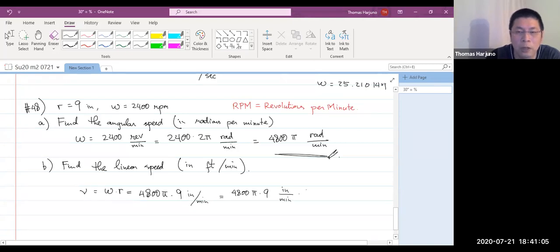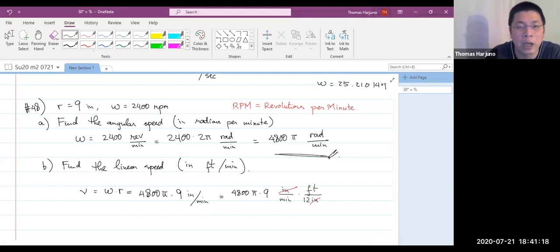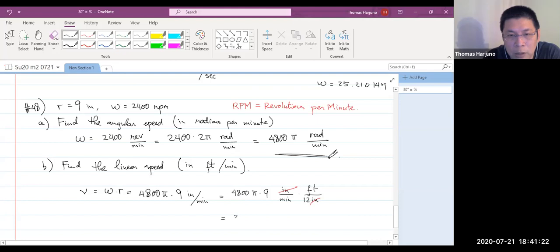Now we convert that to feet by dividing by 12 inches, because 1 foot is 12 inches. That way the inches cancel. So we get 48 divided by 12, that's 4, so 3,600 pi feet per minute.